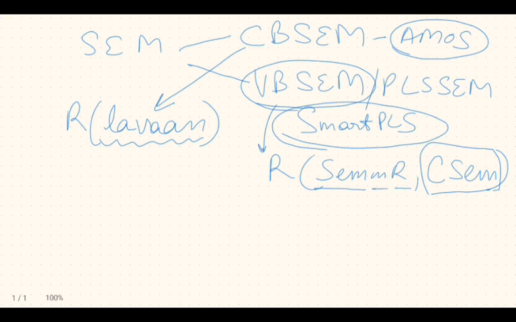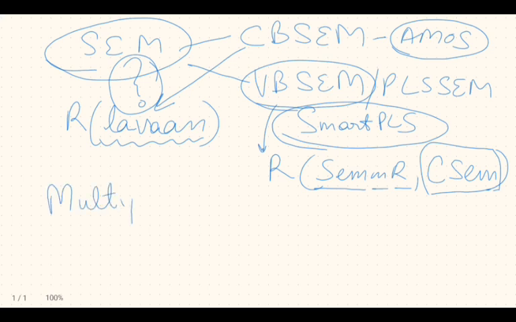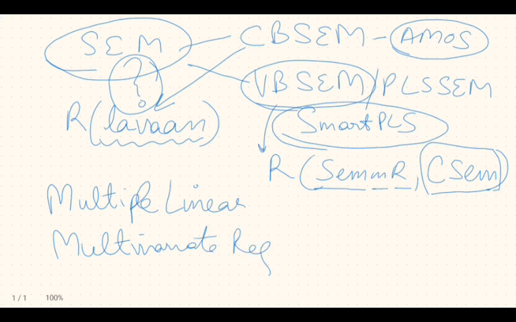So the point over here is when to use structural equation modeling and why we should use it instead of multiple linear regression or multivariate linear regression, which can be done in SPSS software.